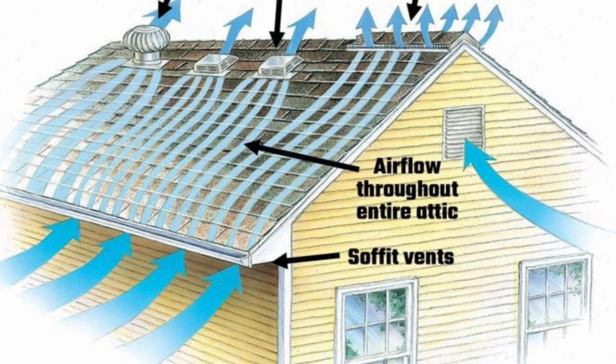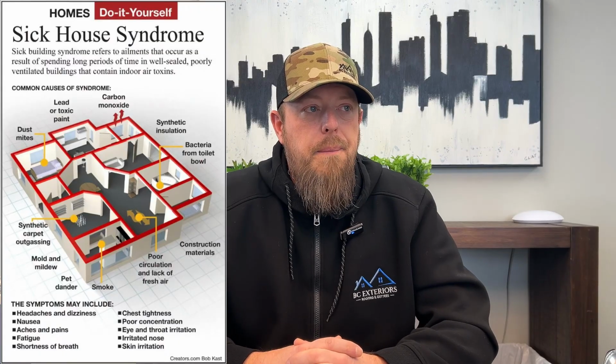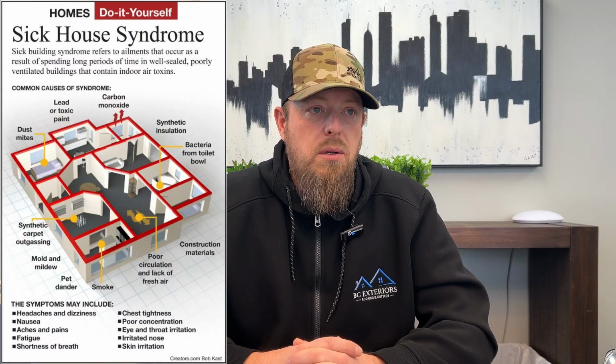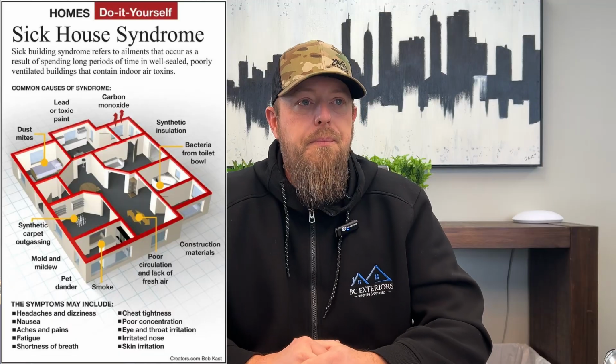So having those baffles installed and proper ventilation cut into your soffits work hand in hand. That allows for intake ventilation, so it allows your home to breathe, which your home needs to do. Otherwise, moisture becomes a problem, and you will end up with what's called sick home syndrome.